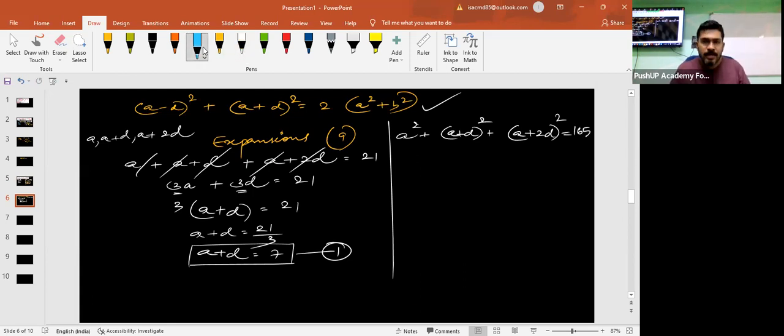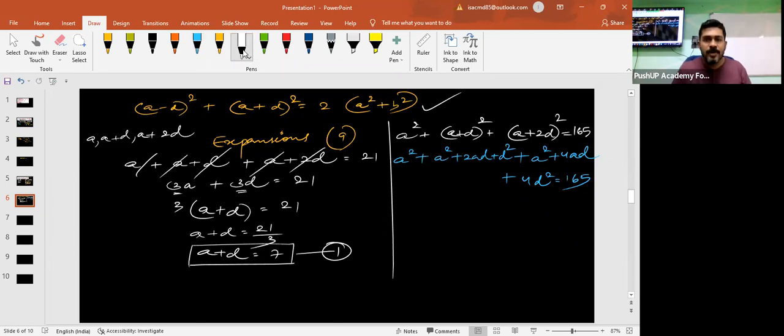When you expand this, it becomes a squared plus a squared plus 2ad plus d squared, plus a squared plus 2 into a into 2d, that is 4ad, plus (2d) squared, which is 4d squared, equal to 165.